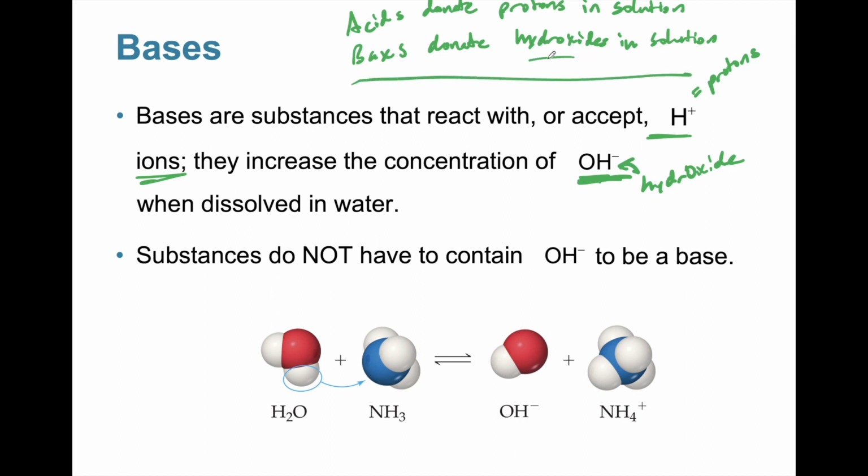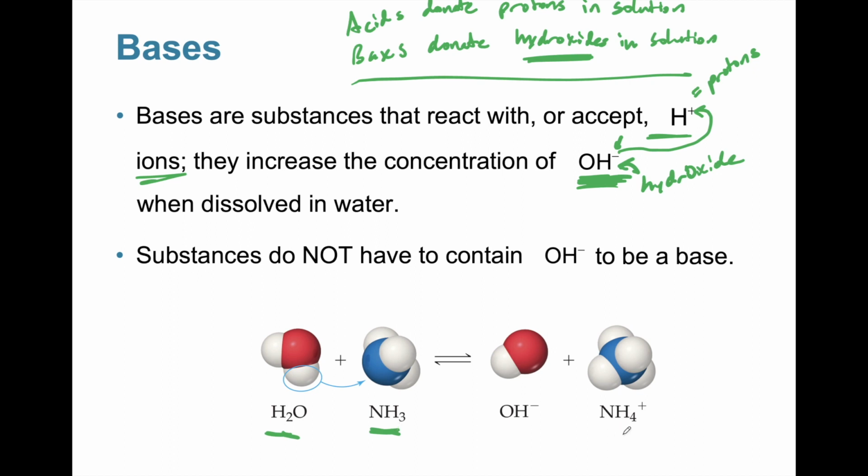And so these hydroxides right here, of course, are negatively charged. Notice right there. So they can easily accept protons, and grab a proton. And when they grab a proton, you basically make water, but we'll talk about that later. And so here we have water right here, and then we have a base right there, which is ammonia.